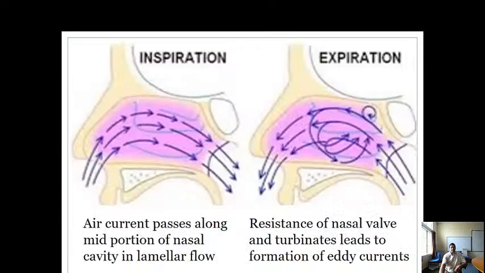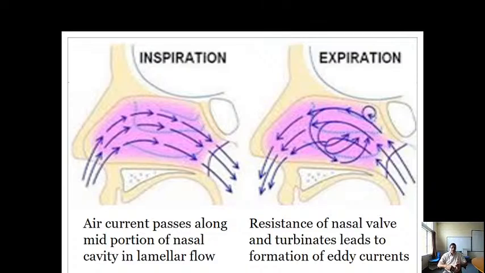So this is the basic air current. Air currents from the anterior nares travel into the nasal cavity, and there is a curve, and the major part of the wave travels through the middle meatus area.